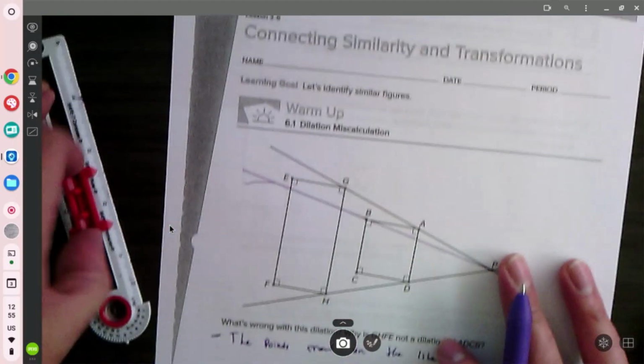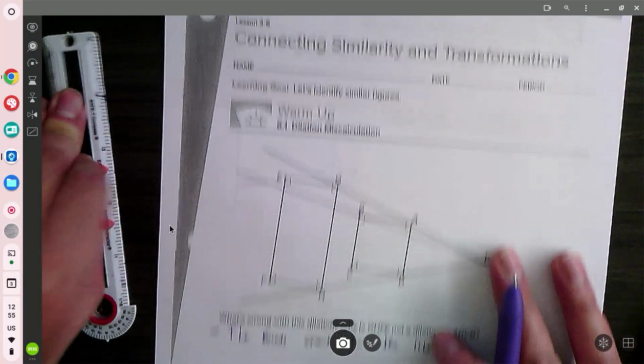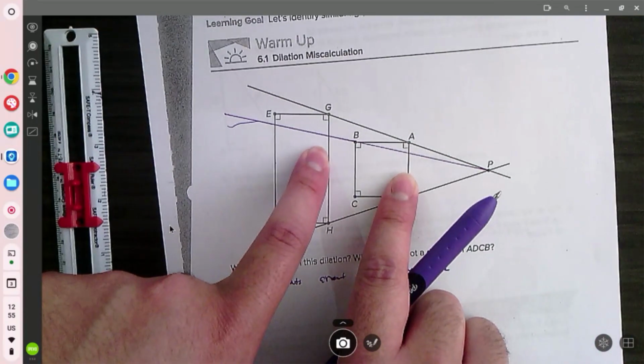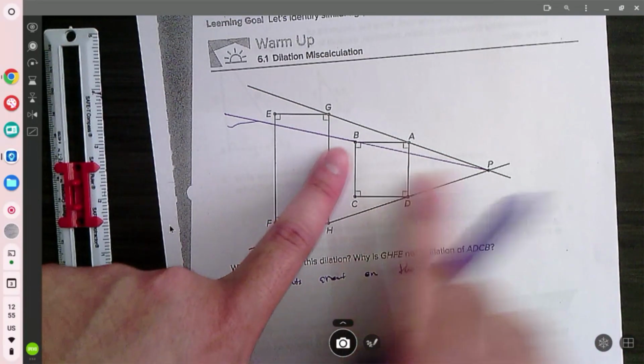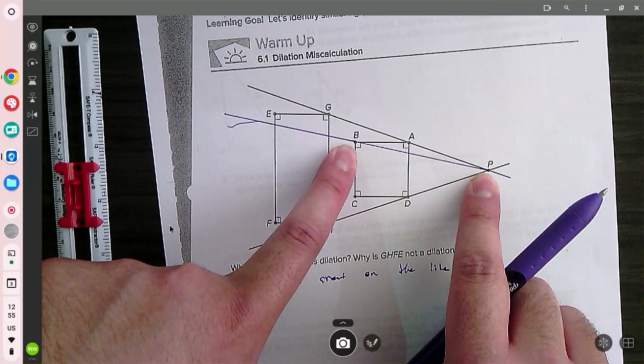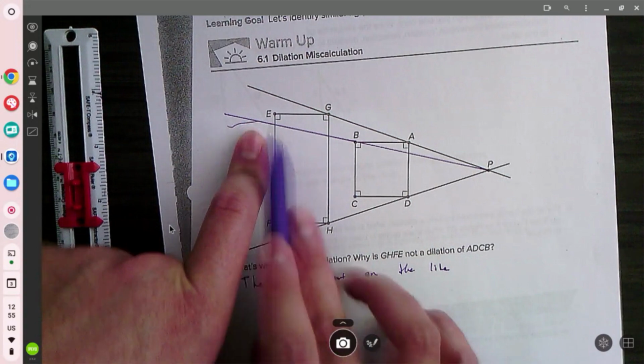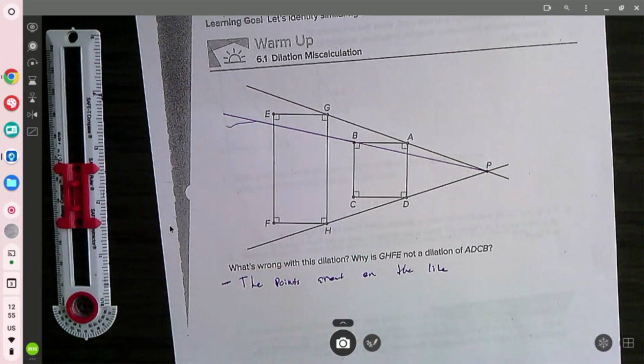If we were to extend line PA, the dilation, point E should also be on that line. Point E is not. So that is a good observation, Micah.